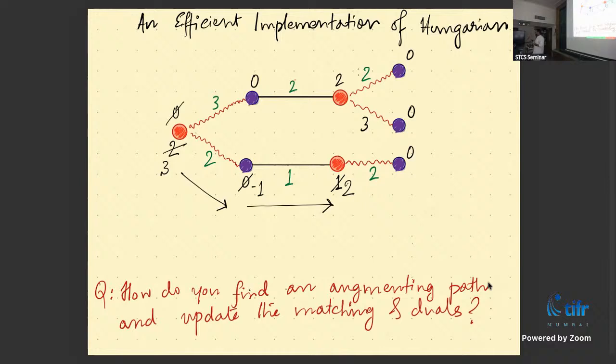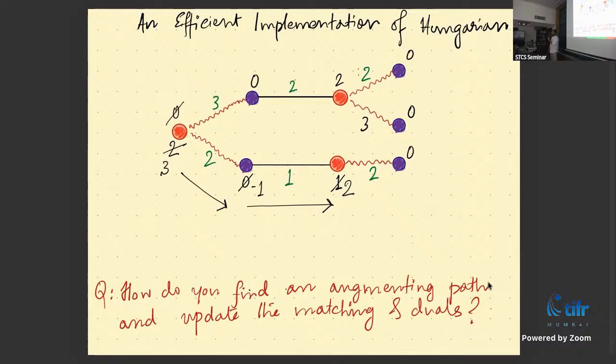There is no obvious reason why it doesn't do that, but it's a characteristic of the Hungarian algorithm that we always increase the duals on the requests and we always decrease the duals on the servers. Okay? Because this picture is simple, but if you change the dual of servers, then it can affect other parts of your graph which are not available. But if you do the opposite, then it's easier to update like this. Okay.